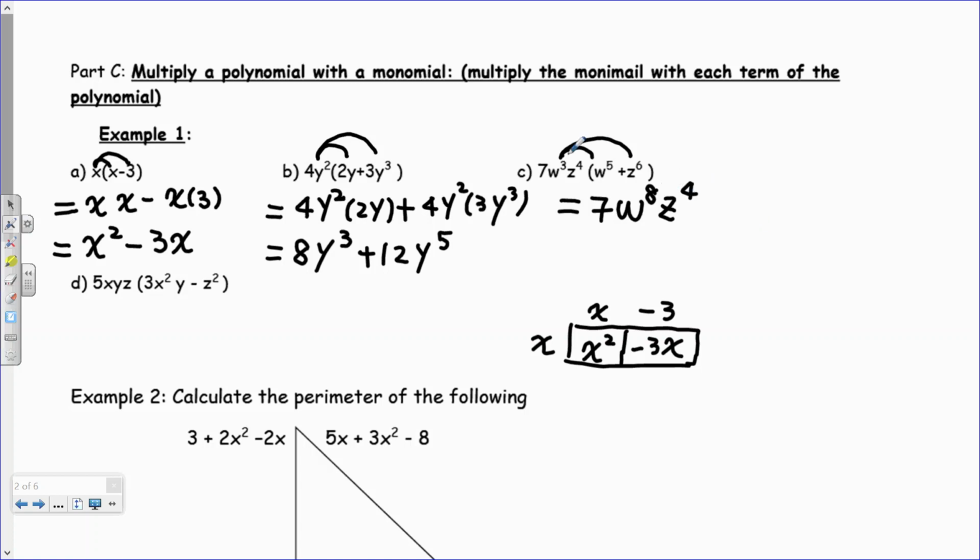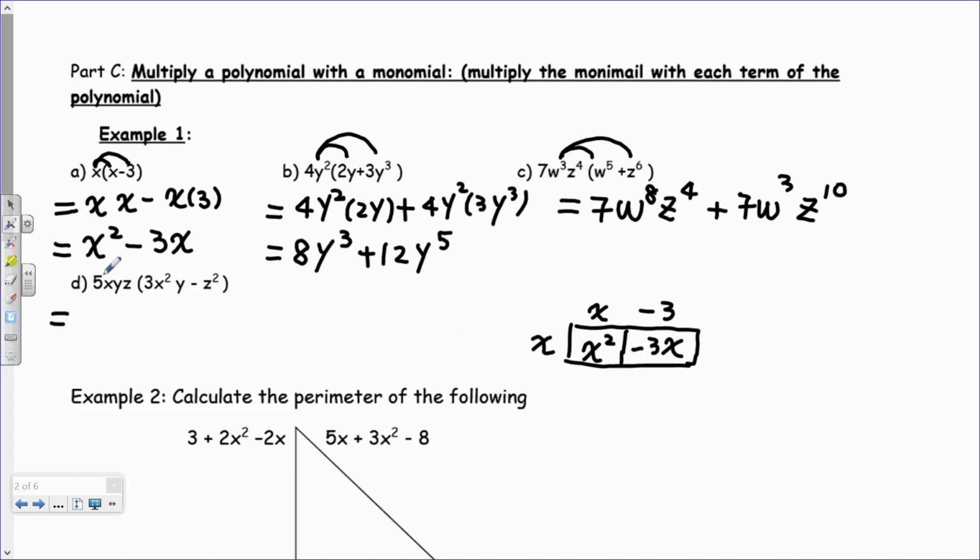Then 7W3 times Z to the exponent 6: the numbers are 1 times 7, which is 7. For W, this one has no W, so no degrees to add to the 3. Then for the Z, you have 4 and 6. Add 4 and 6 together is 10. That is done. Check if you got it right.